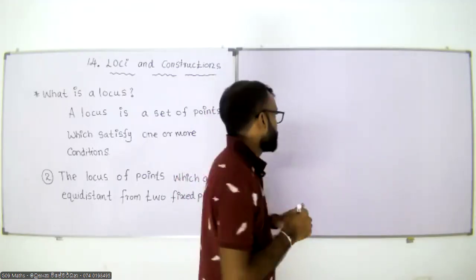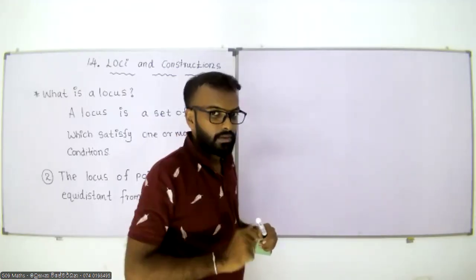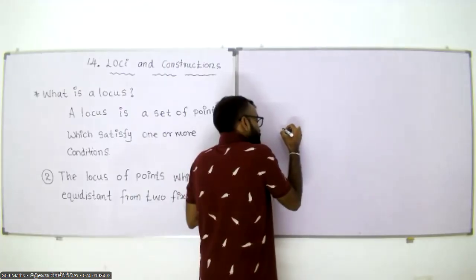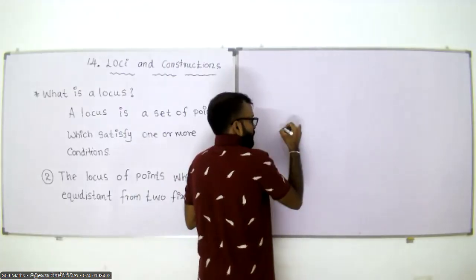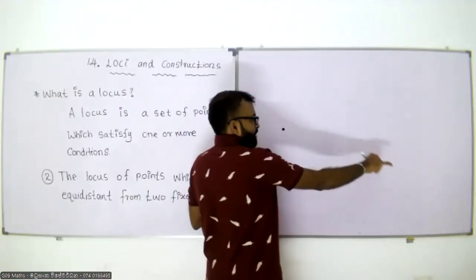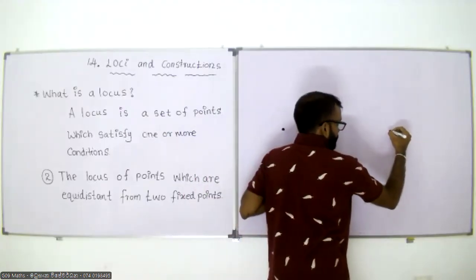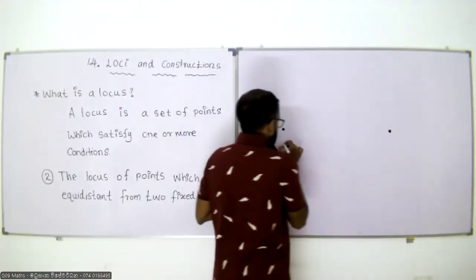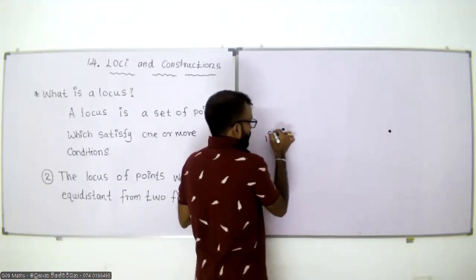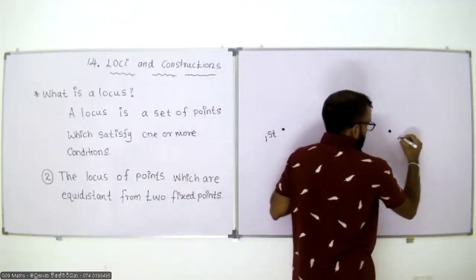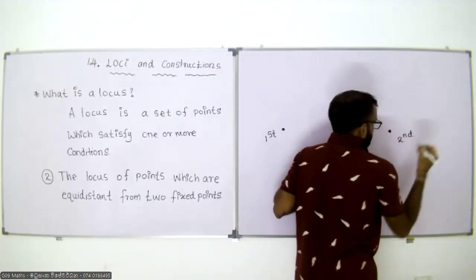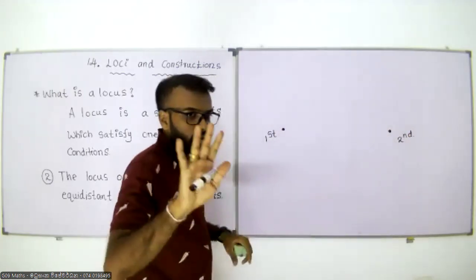I will explain by using a simple example. So this is my first fixed point. And I will take here my second fixed point. This is my first fixed point. This is my second fixed point. And I'm going to explain.